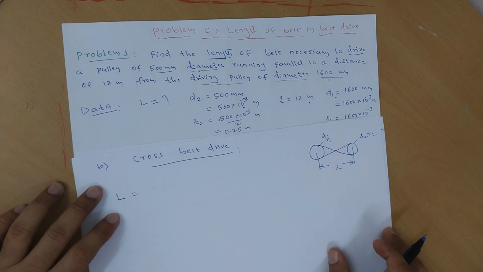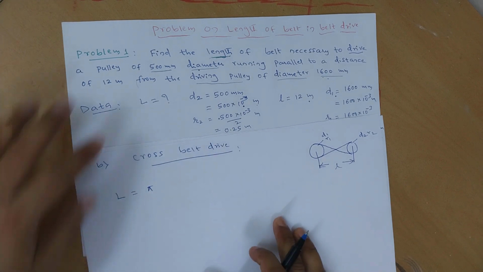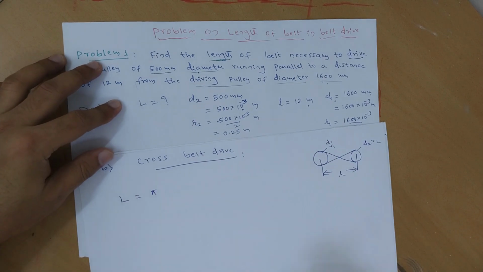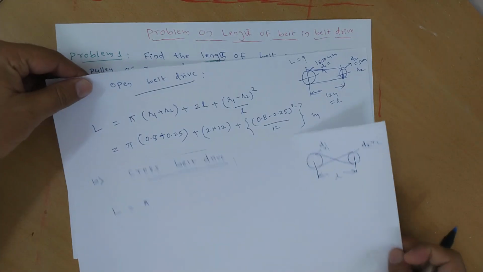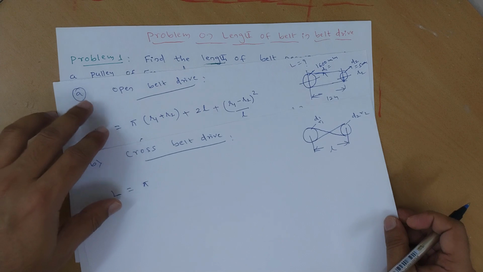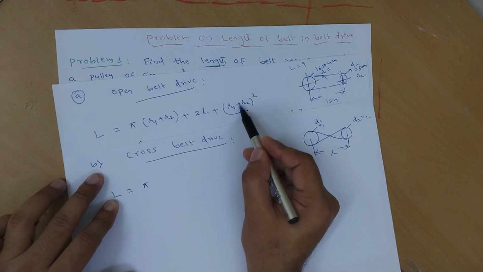So what is the formula for the length of the cross belt drive? Everything is the same as for the open belt drive that we derived. The only change is here: for the open belt it is minus, but for the cross belt drive, a plus will come instead of minus.